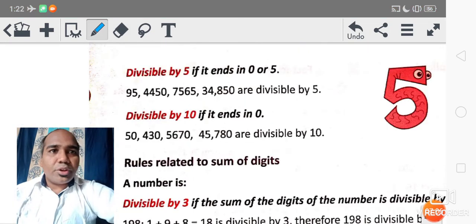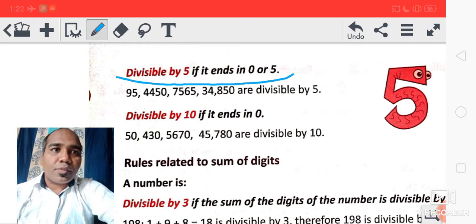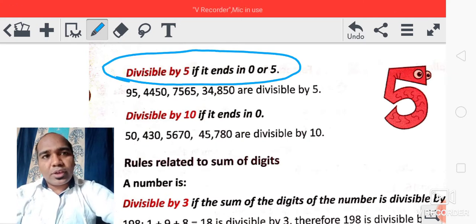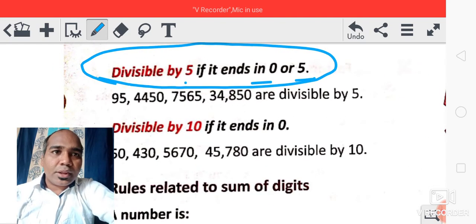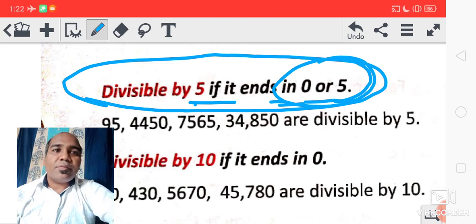Now we are going to see the rule for 5. What is the divisibility rule for 5? If a number is divisible by 5 or not, how can we say? If any number ends in 0 or 5, then the number will be divisible by 5.